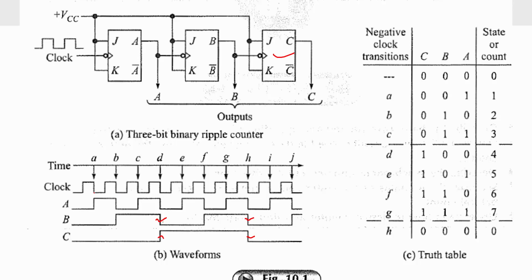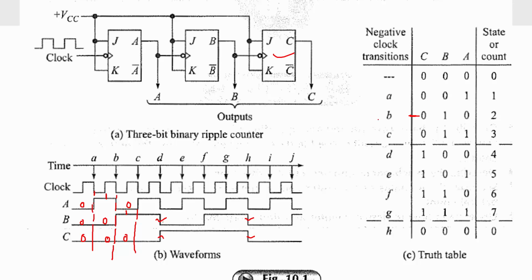So see the patterns. The first clock pulse: all are in low state, 0, 0, 0. And in the next clock pulse, this is high, 0, 0, 1. And in the third clock pulse, this is 0, this is 1, 0. That means 0, 1, 0.